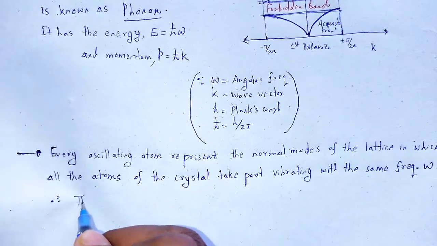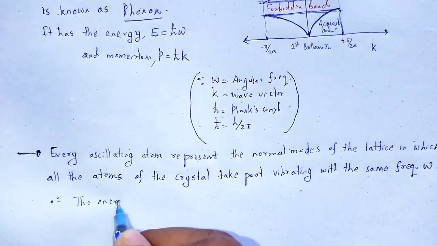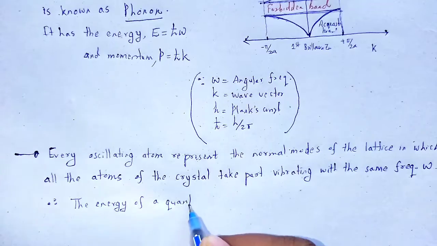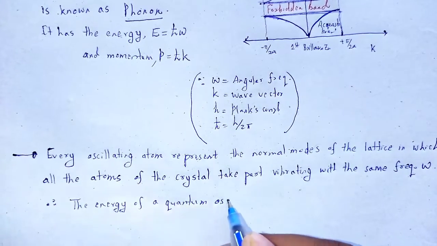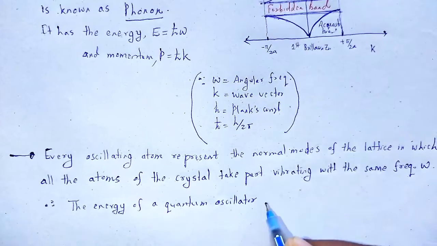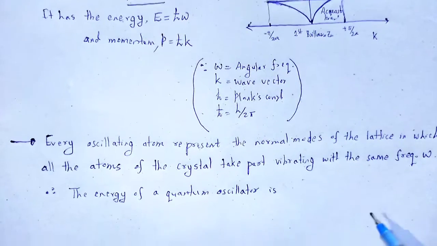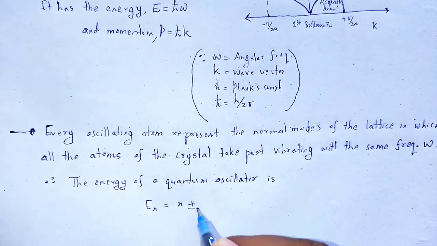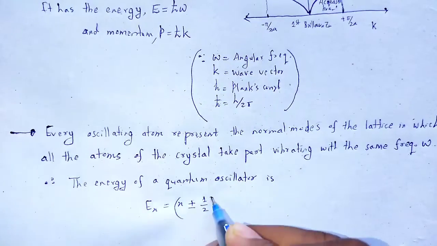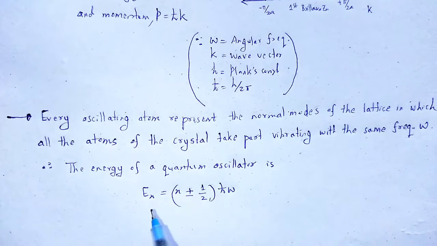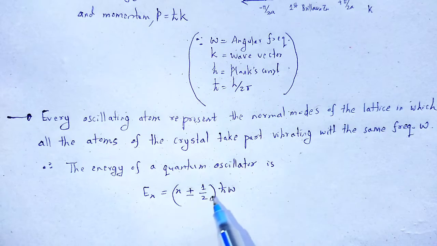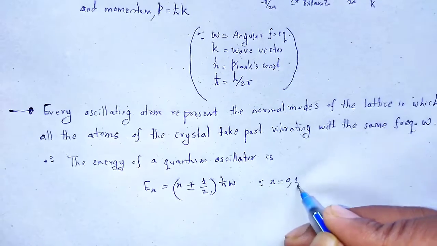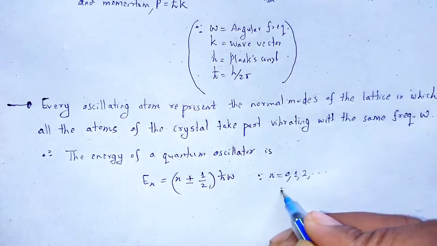Therefore, the energy of a quantum oscillator is En equal to n plus half, h cut omega, where n is equal to 0, 1, 2, 3, the quantum number.